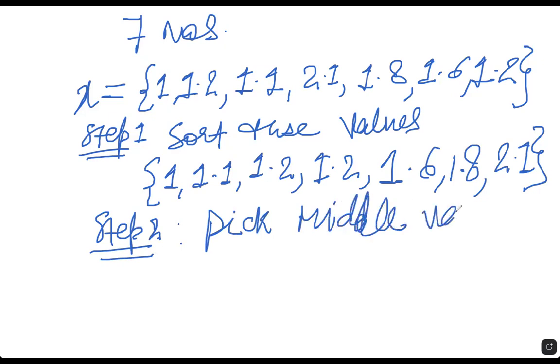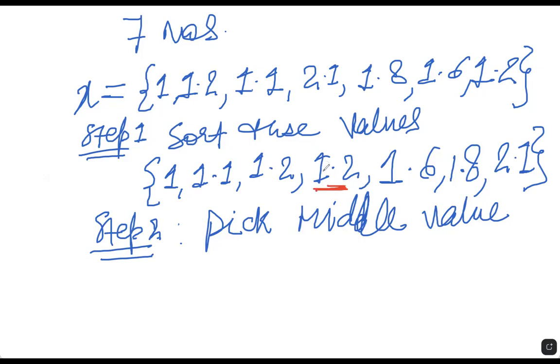Now the question arises, what is the middle value? I would say that the fourth is my middle value. Let me take some other color. 1, 2, 3, 4. So this is my fourth value, and this is my middle value.